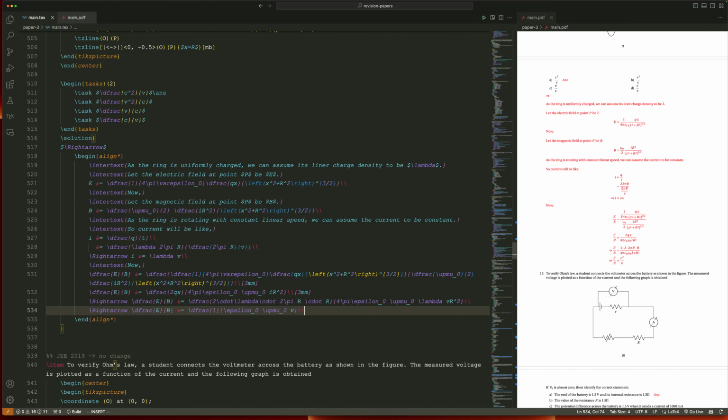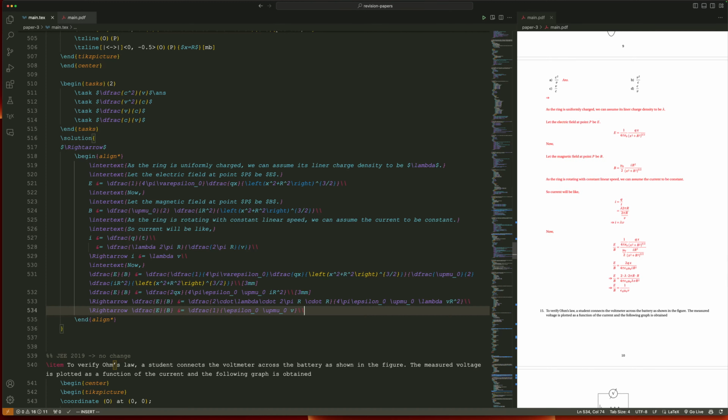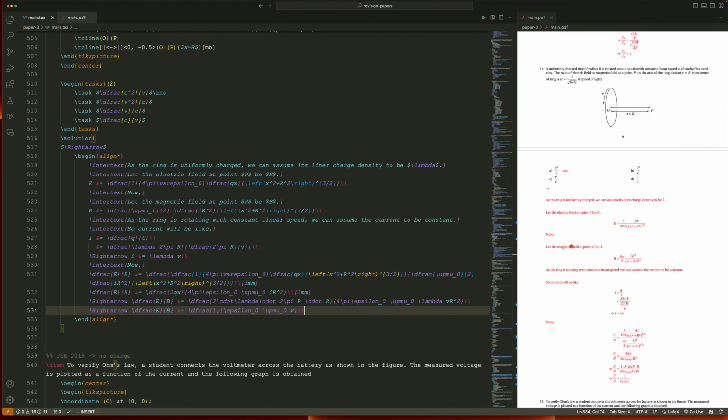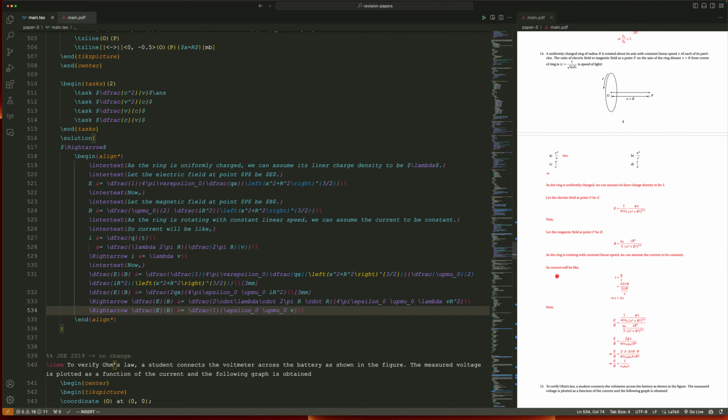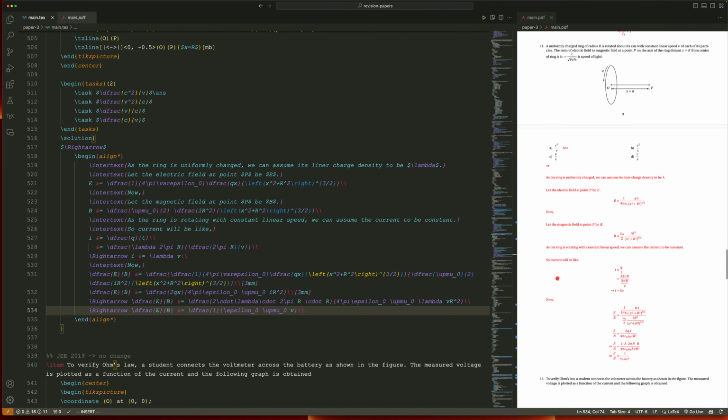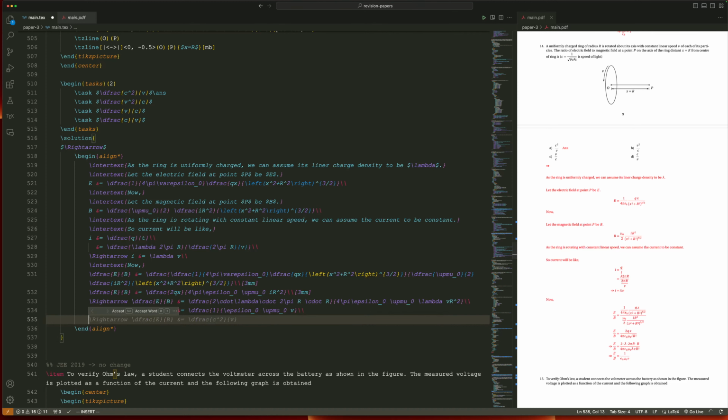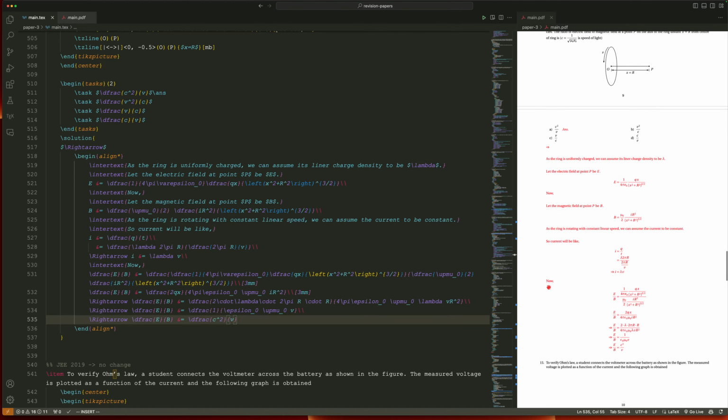Yes, it's right, and this is what I wanted. And then 1 by mu naught epsilon naught is like c square, so this will be 1 upon c square. So now we can directly say c square upon v square. So yeah, it was quite long, c square upon v square.